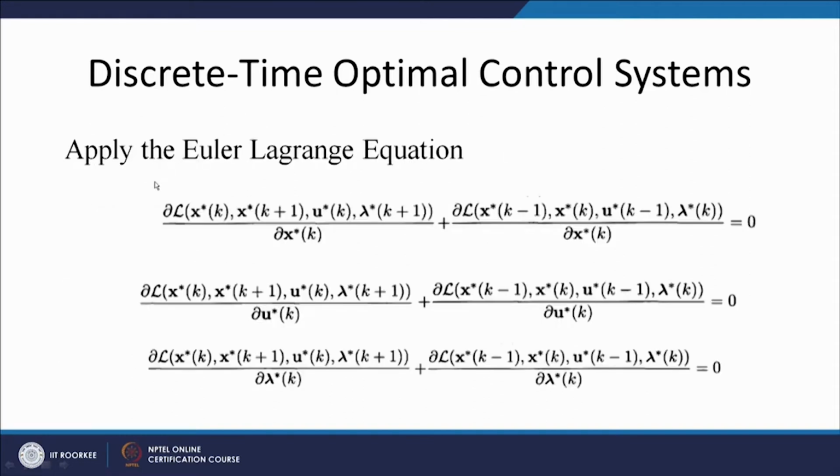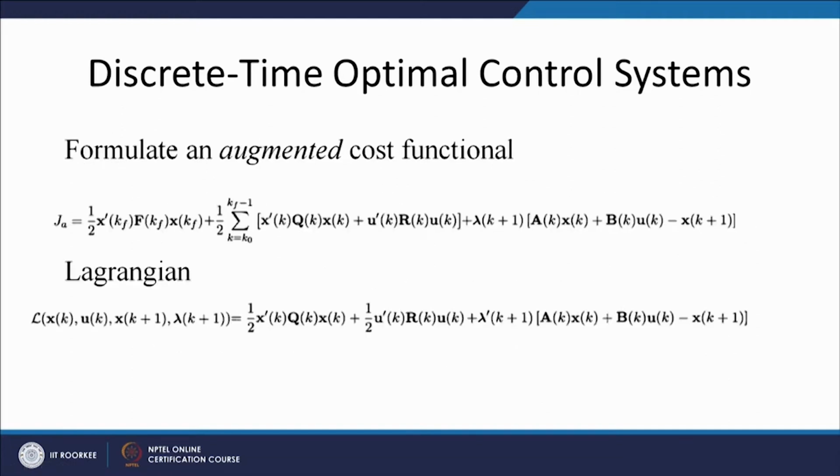So, by this we can directly write our Euler equation as we have derived before. We can follow the same approach: I can define the Lagrangian at the optimal point, the Lagrangian at the variational point, and then find the increment.